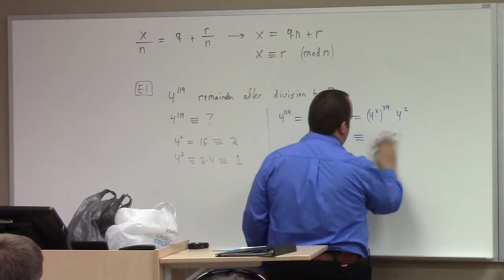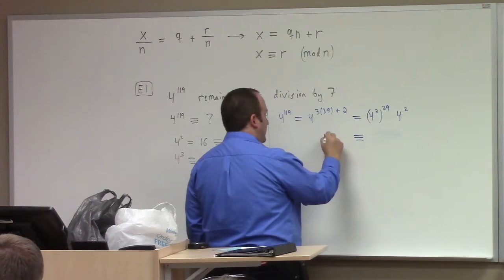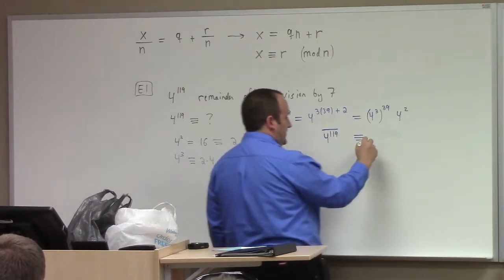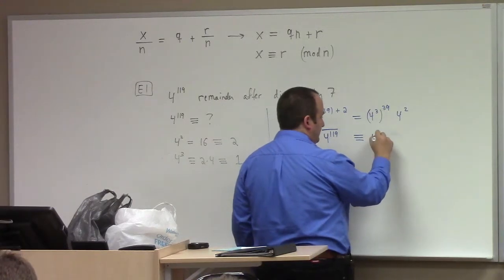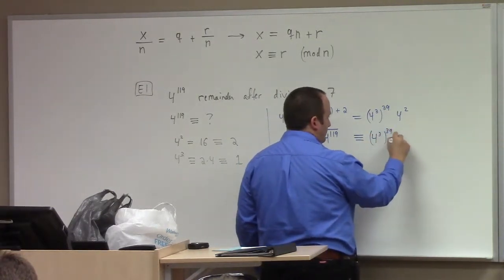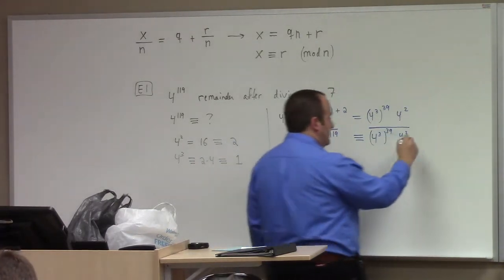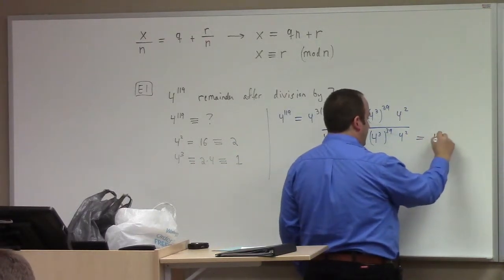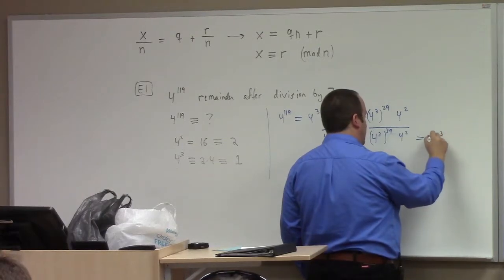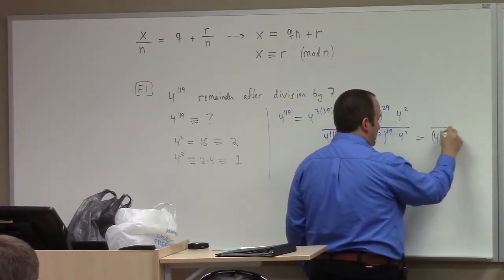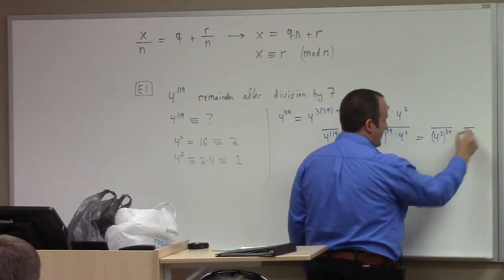Let me say it this way, different notation. 4 to the 119, the equivalence class of that is the equivalence class of this, right? But by definition, this is 4 cubed to the 39 times 4 squared.